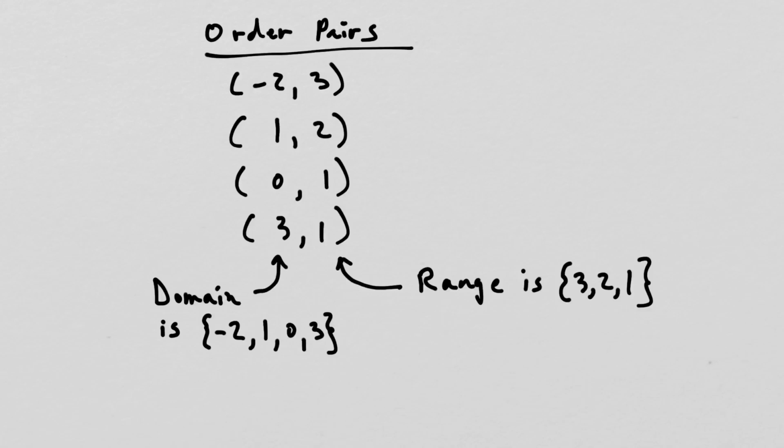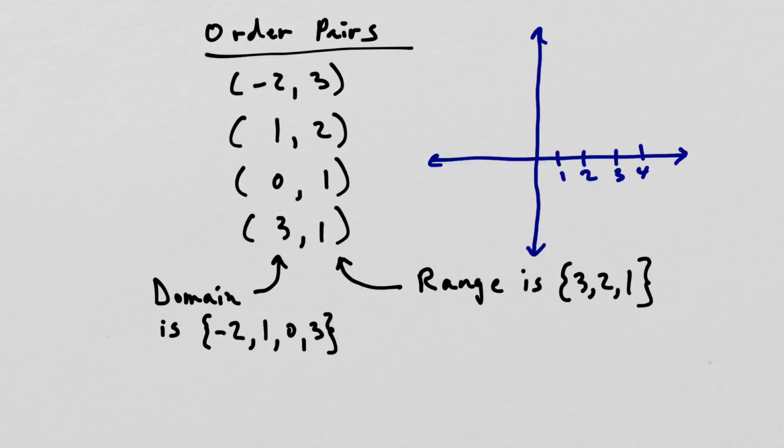Okay, so now if we were to plot these points on a graph, we'd have to draw the x-axis and the y-axis. Okay, and then we need to establish some hash marks. 1, 2, 3, 4.